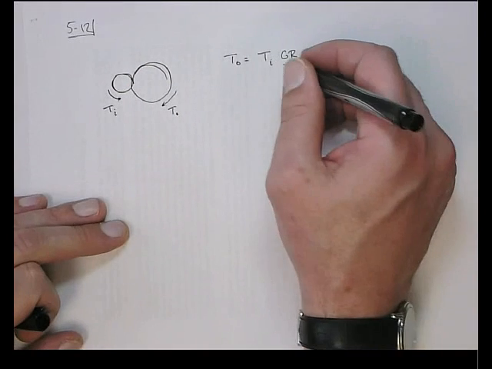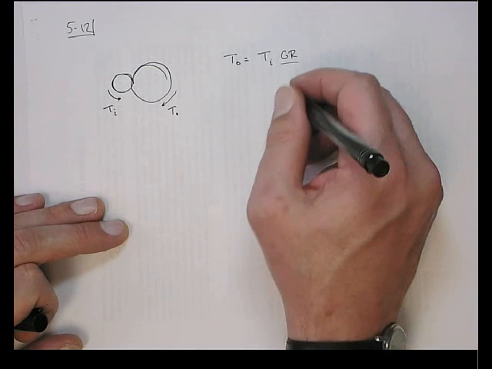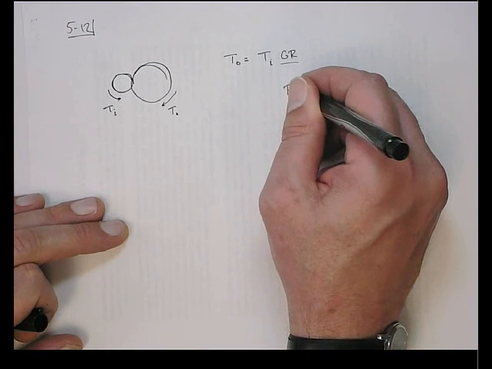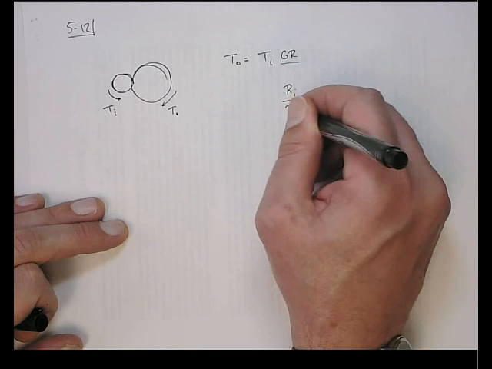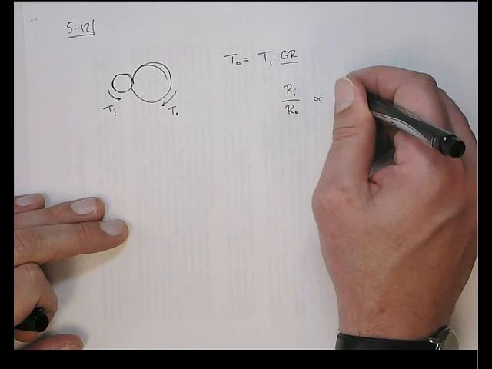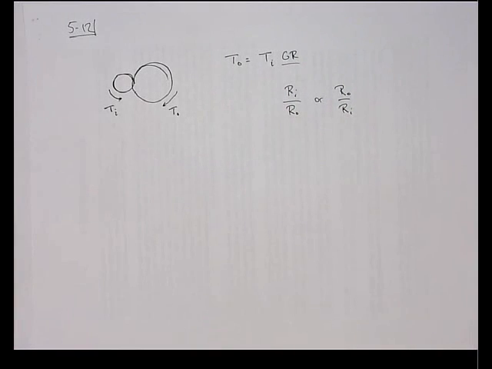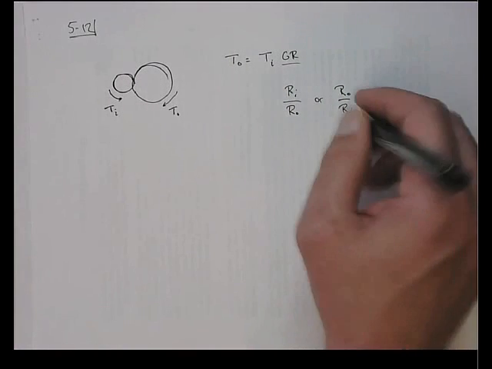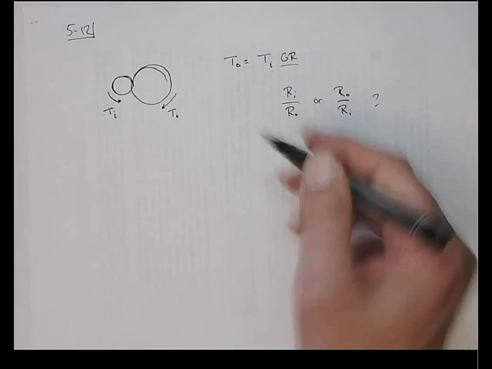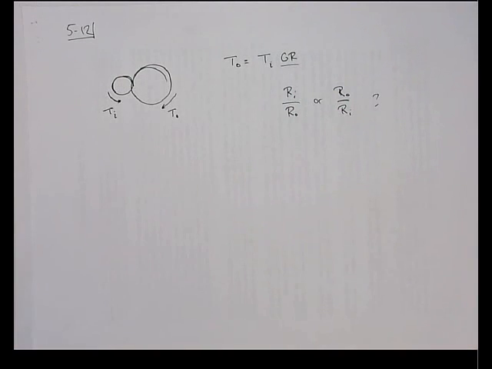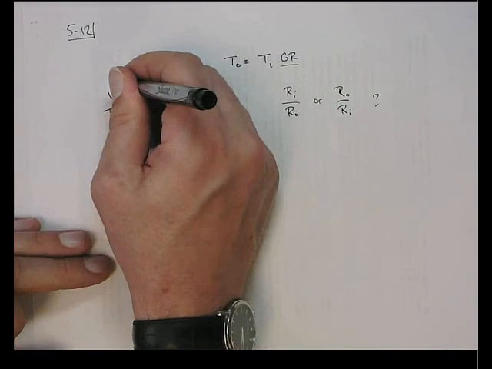And the problem is, you always remember, is this the inner radius over the outer radius, or is it the outer radius over the inner radius? I always forget. But the easy way to remember is to think of it physically.